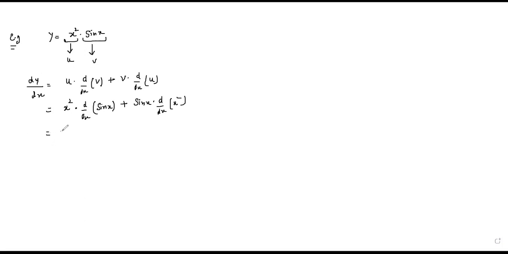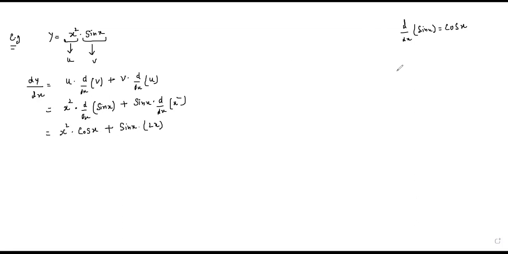So x square as it is, derivative of sine x, cos x. You have to remember that derivative of sine x is equal to cos x, plus sine x as it is, derivative of x square, this is 2x.